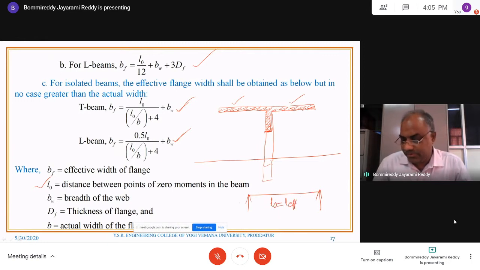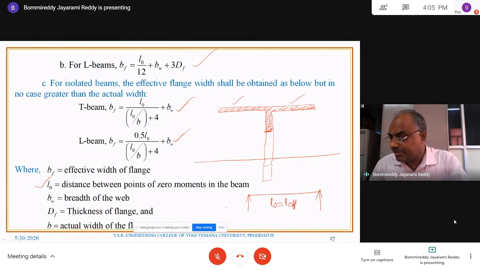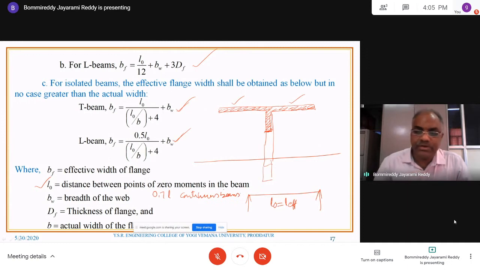In case of continuous beams, the L0 value is 0.7 times L, because for continuous beams the points of contraflexion occur at a distance of approximately 0.7 times L, and that's why we are taking L0 as 0.7 times L.